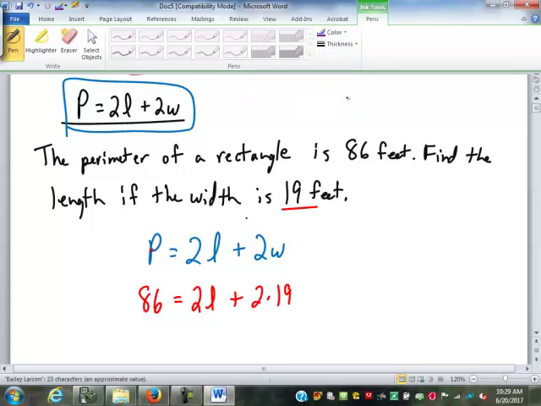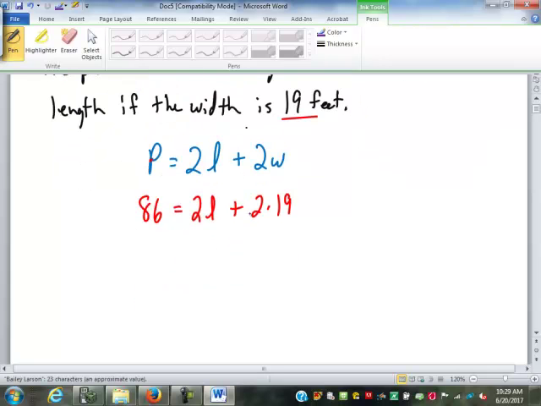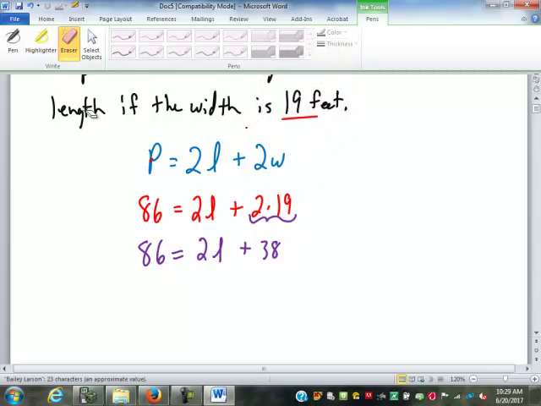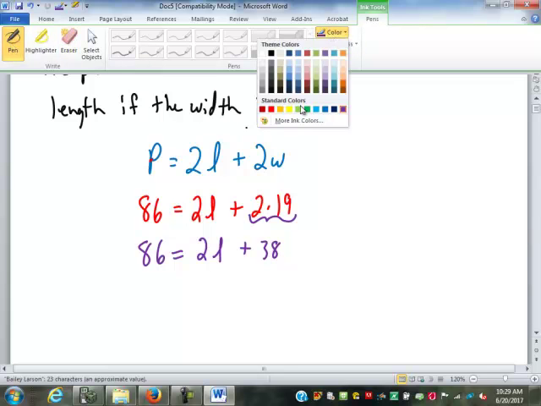Now before we start to solve this, what do we have to do? Combine the 2 times 19, which is 38. So 86 equals 2L plus 38. What's next?